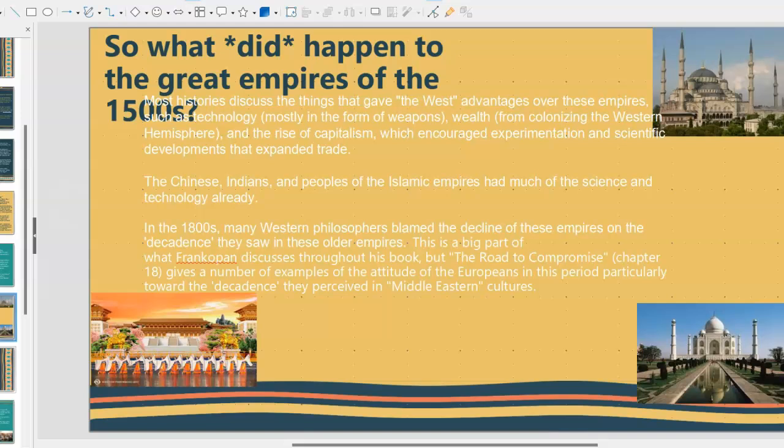And those guys are going to be Europeans. I would point out here, this is a big part of what Frankopan discusses throughout his book, but The Road to Compromise gives a number of examples of the attitude of Europeans in this period, particularly towards the decadence they perceived in Middle Eastern culture.